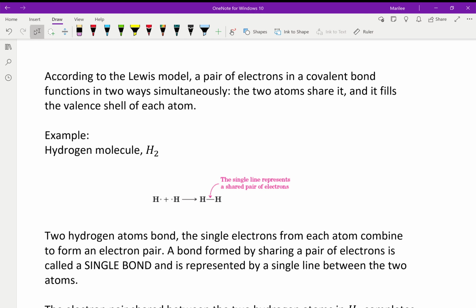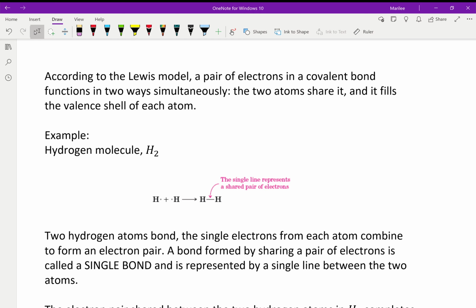So an example here is a hydrogen molecule, H2, right? Each hydrogen has one electron, and we know that the first shell can take a maximum of 2 electrons. So when you put two hydrogen atoms together, they will share these electrons to fill that outermost shell.